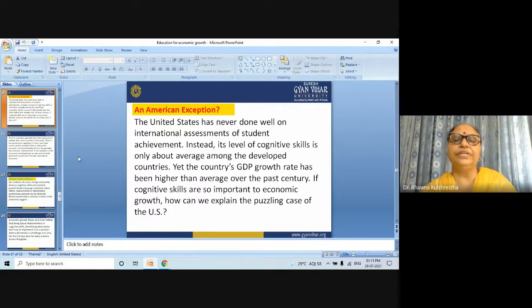Yet the country's GDP growth rate has been higher than average over the past century. If cognitive skills are so important to economic growth, how can we explain the puzzling case of the US?